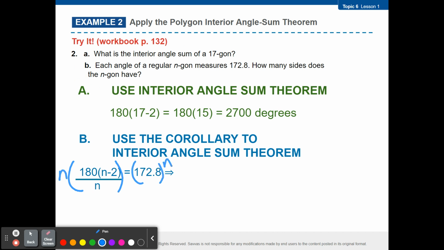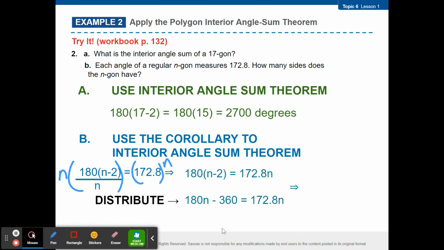That helps us get rid of the fraction, okay? That leaves me with 180 times n minus 2 equals 172.8n. From here, I distribute, leaving me with 180n minus 360 equals 172.8n.